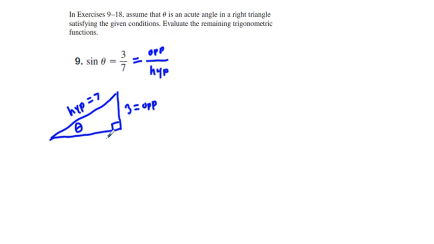And then to find all 6 trigonometric ratios, we're going to need this bottom side, which is our adjacent side. And to figure that out, we would say, again, a squared plus b squared equals c squared. We would have a squared, which we do not know yet, plus 3 squared equals c squared, which is going to be 7 squared.